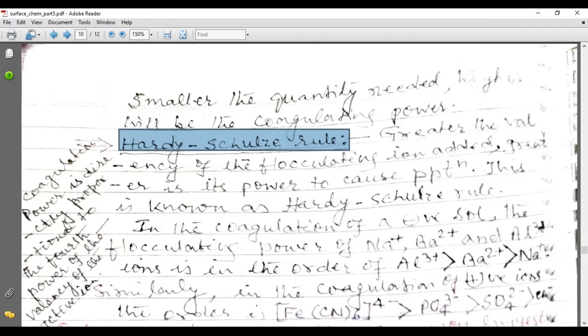So in the coagulation of a negative sol, the flocculating power of Na plus, Ba 2 plus and Al 3 plus ions is in the order Al 3 plus greater than Ba 2 plus greater than Na plus. So the aluminum ion has higher valency, so it causes more precipitation.